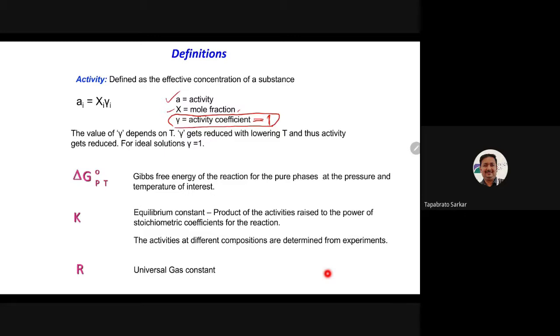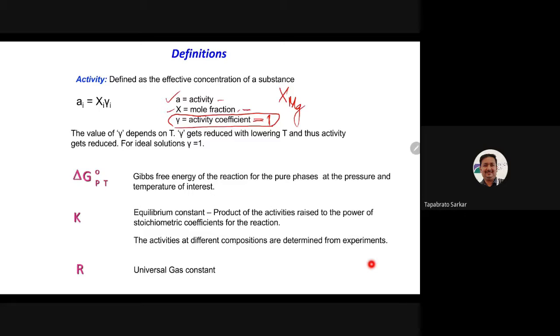in that substance. For example, we call it XMg, which is basically the mole fraction of Mg in, let's say, orthopyroxene, in garnet or anything else. So the activity becomes equal to the composition.